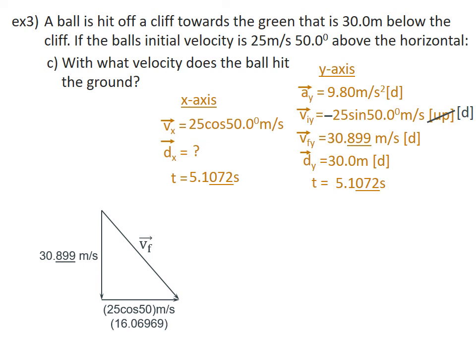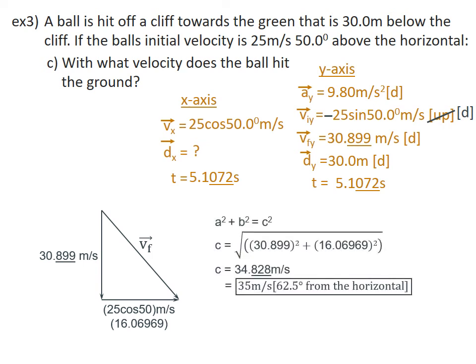So to find the velocity VF, I'm going to have to use Pythagorean's theorem, a squared plus b squared equals c squared. So 30.899 squared plus 16.06969 squared. Add them together and then square root it. That gives you 34.828 meters per second.